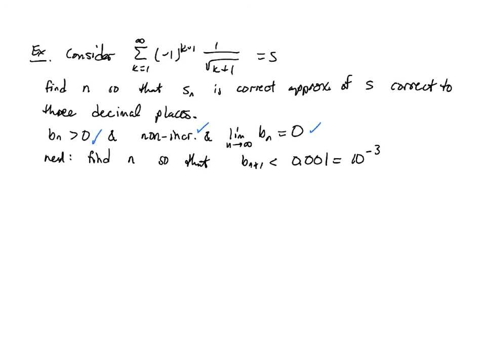And so that's saying that we need 1 over the square root of n plus 2 to be less than 10 to the minus 3. And if I take reciprocals and square both sides, so reciprocals say that we need square root of n plus 2 to be greater than 10 to the 3.